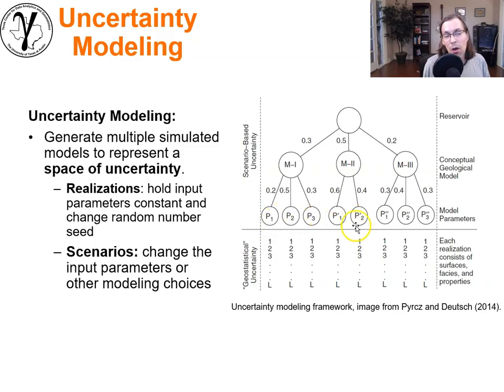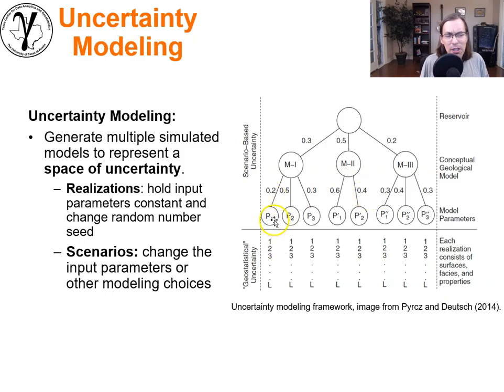And then maybe we have model parameters that change. Maybe the fraction of sand may change, or the average porosity, and so forth. This is scenario-based uncertainty. We're going to have multiple models that have different modeling choices. So now we have 8 models that have different choices in them, scenarios.